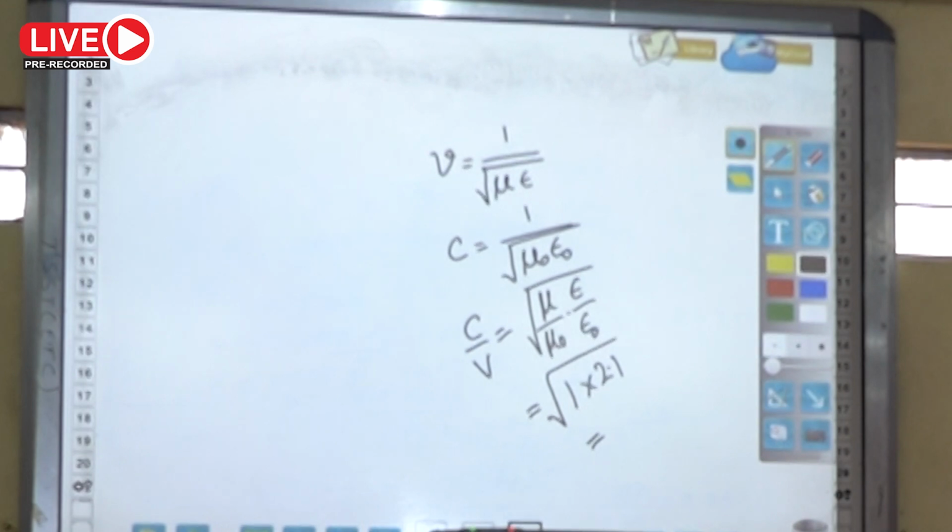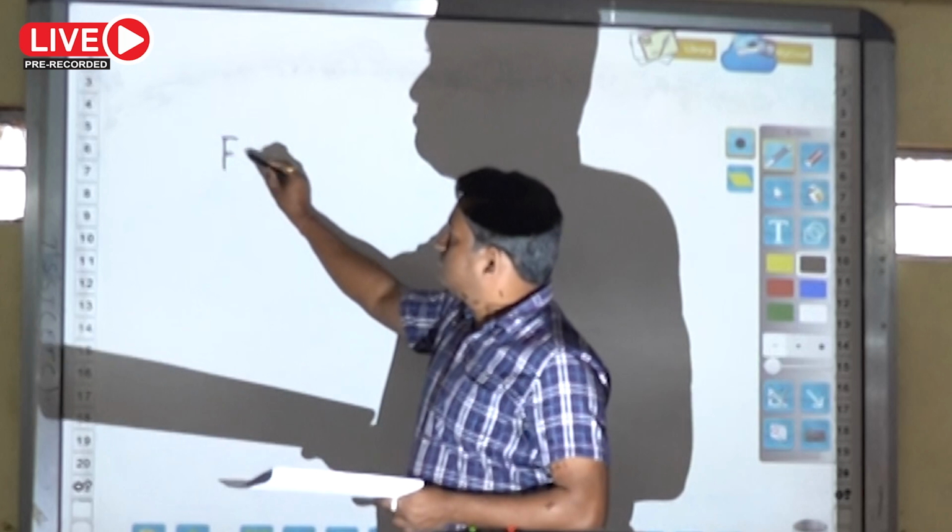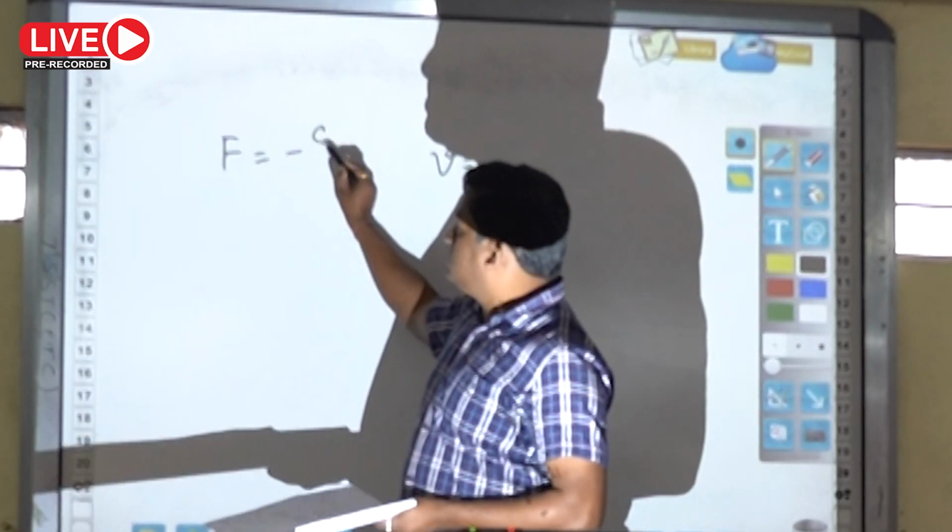Okay. Next, a particle of mass m is moving in a circular path of radius r under the influence of centripetal force F equal to minus c by r square. The total energy of the particle. See, F is given minus c by r square.